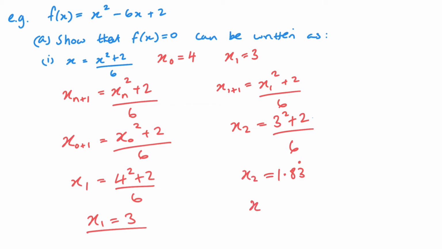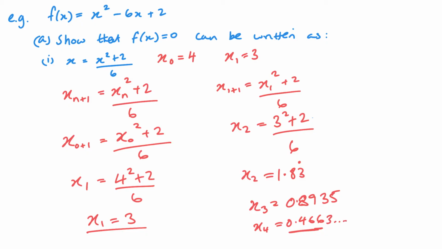And then I'd substitute this in again to get my next value, and then my next value, and so on. And I keep repeating this process until I get it down to what I wanted. So in this case it was 3 decimal places. So I need to get it to a point where these first 3 values are fixed, they're locked in place.